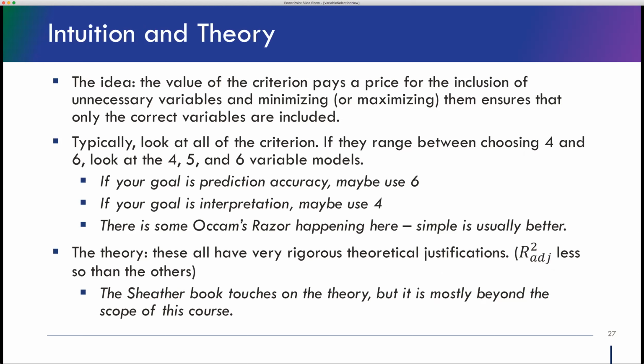And okay, let's take a look at some conclusions about those criteria. The basic idea is they all have the same background. So the value of the criterion pays a price for the inclusion of unnecessary variables, okay? And minimizing or maximizing this criterion will ensure that only the correct variables will be included.